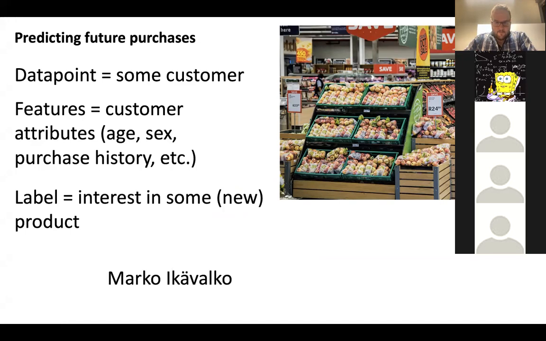These kinds of customer data, anything you can think of, and the label is interest in some item. So what you're trying to predict is interest in some possibly new or perhaps an old product.